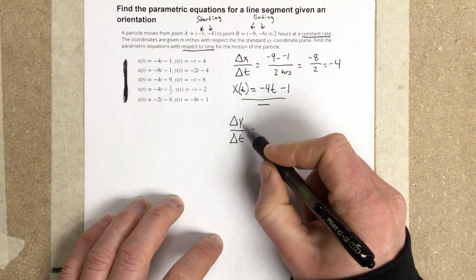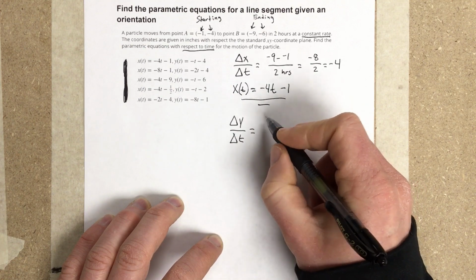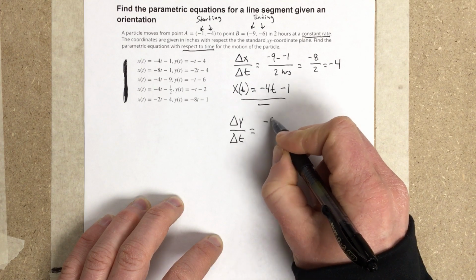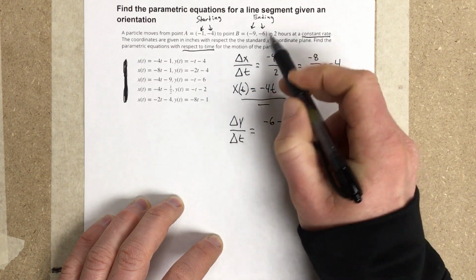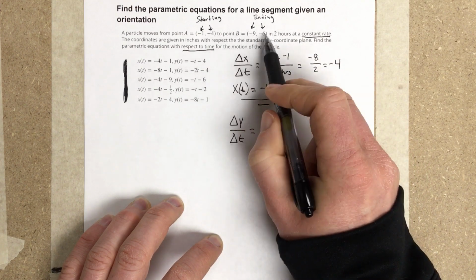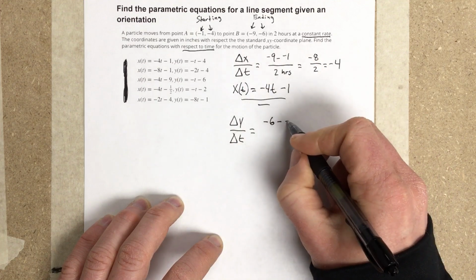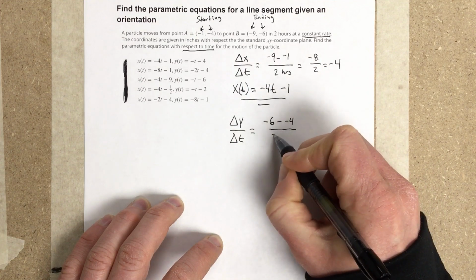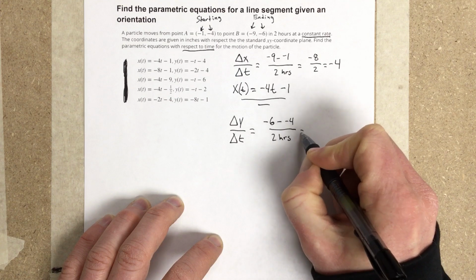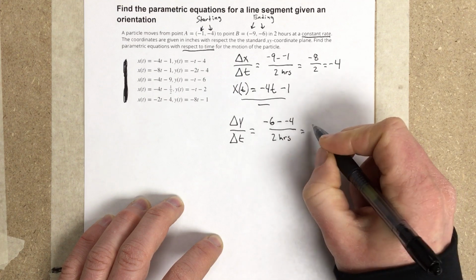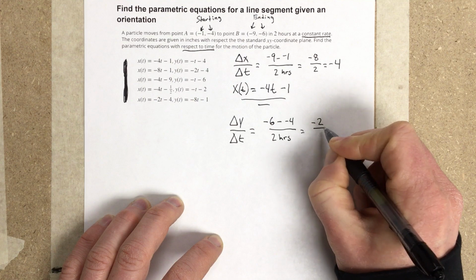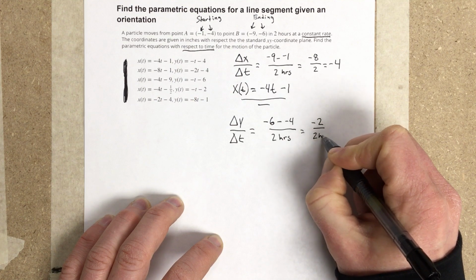Now I need to do the change in y with respect to change in time. So I'm going to have -6 minus, that's the ending y value, minus the initial, which is -4, over 2 hours. -6 minus -4 gives you -2 over 2 hours.